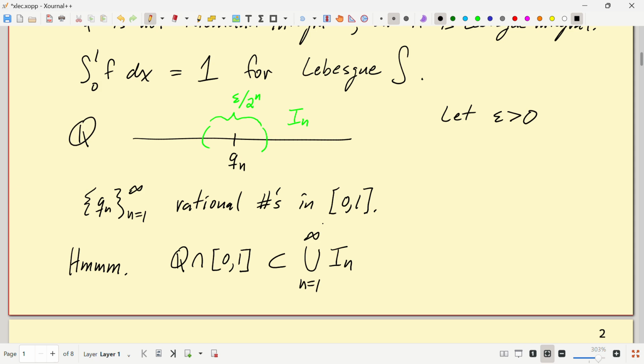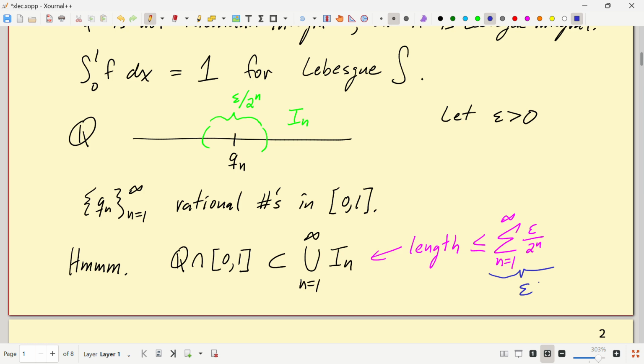And that's a really small set from the point of view of length. If you ask what the length of that set is, those sets might overlap, so we would expect the length to be less than or equal to the summation of the lengths of those things, epsilon over 2 to the n as n goes from 1 to infinity. And that sum is equal to epsilon.